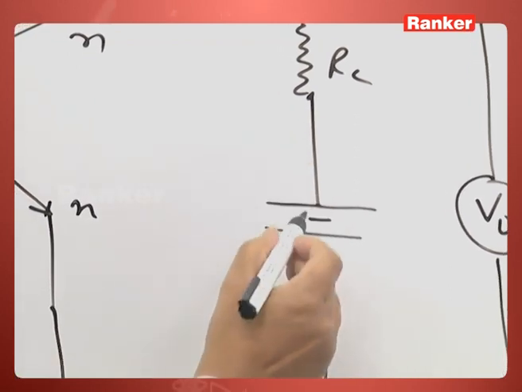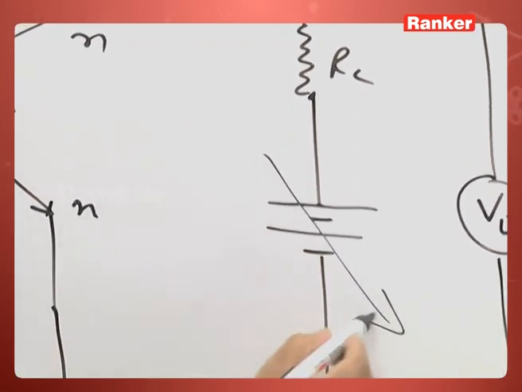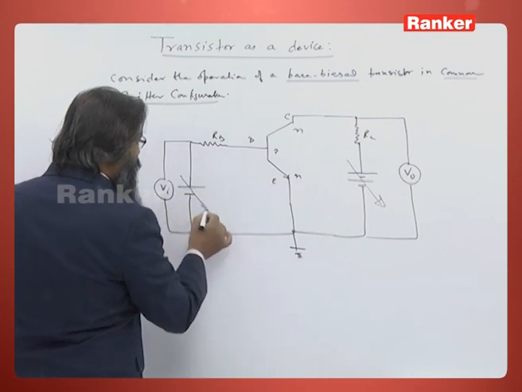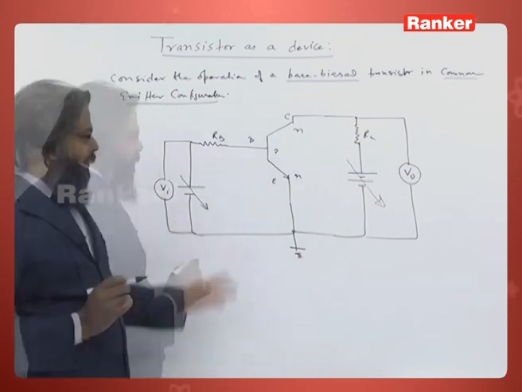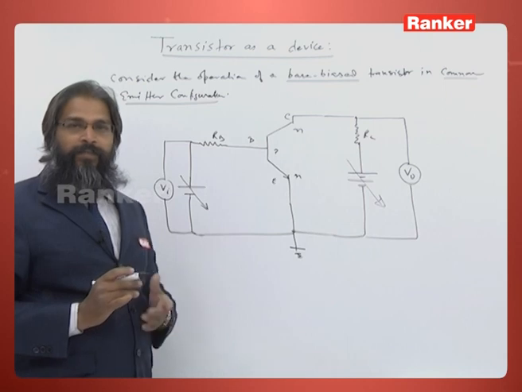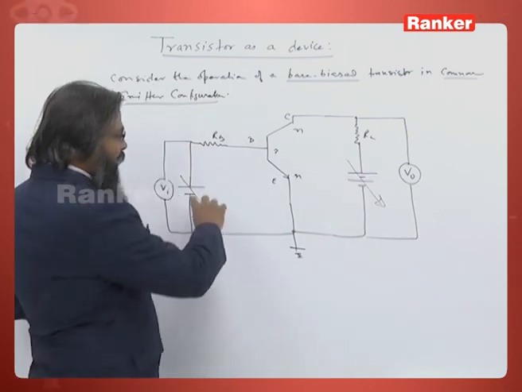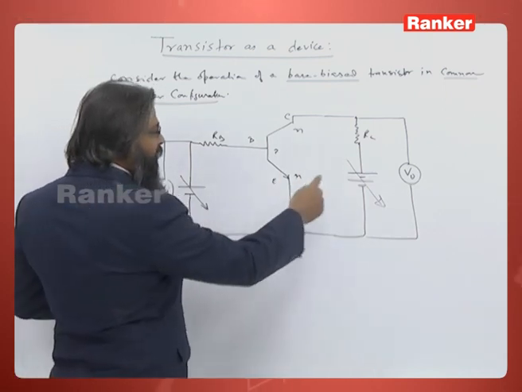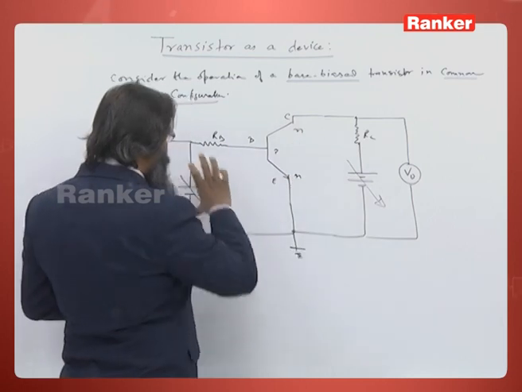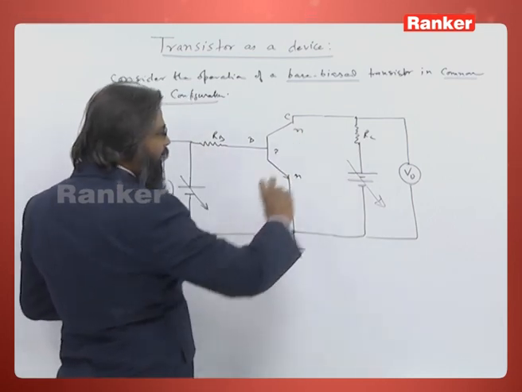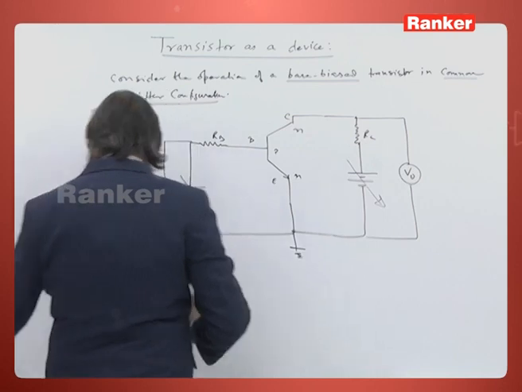If I vary this biasing, this is the variable voltage here. So now this is the input side and this is my output side. The input is taken across these 2 points and output is taken across these 2 points.